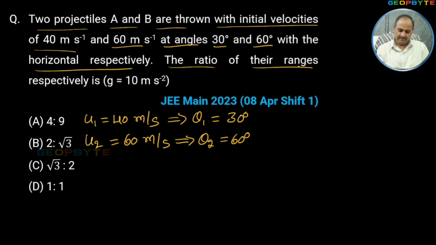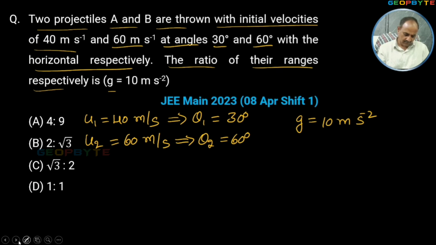The ratio of their ranges is asked, where g is 10 meter per second square. We are asked to find the ratio of ranges, R1 by R2.